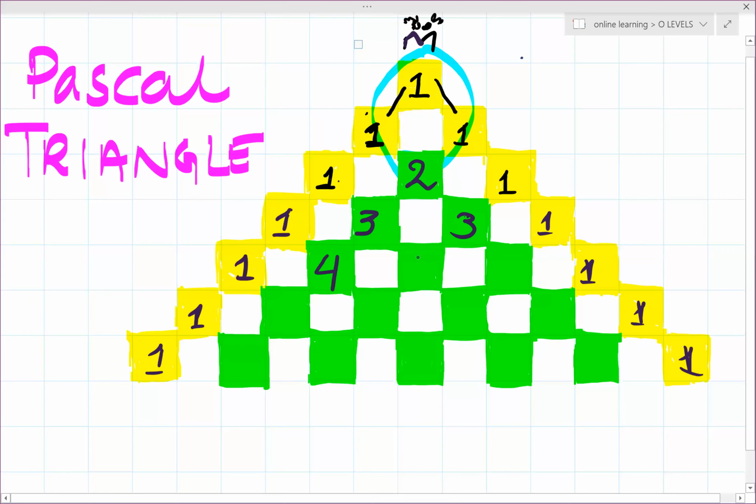Now for this level, it's 6, 3 plus 3 is 6. 3 plus 1 is 4, 1 plus 4 is 5, 4 plus 6 is 10, 4 plus 1 is 5. Similarly, for this level, there are 20 ways, 15, 5 plus 1 is 6.